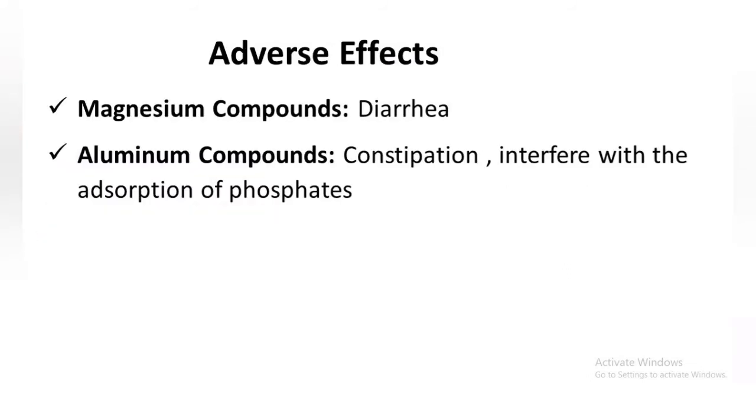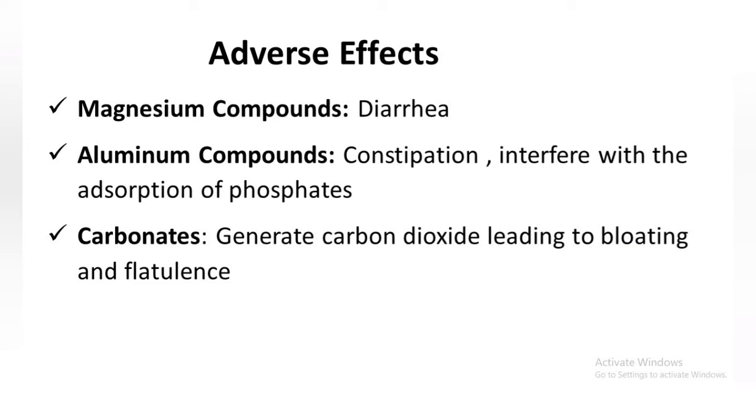Some adverse effects of antacid depend on type of antacid, such as magnesium compounds cause diarrhea and aluminum compounds show side effects like constipation and interfere with absorption of phosphate. Carbonate antacid leads to generation of carbon dioxide resulting in bloating and flatulence.